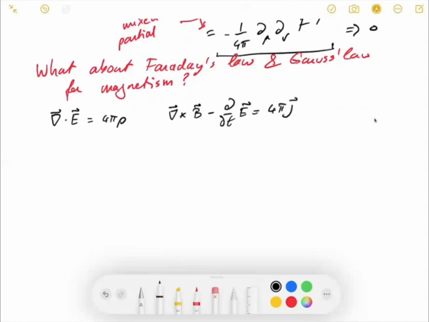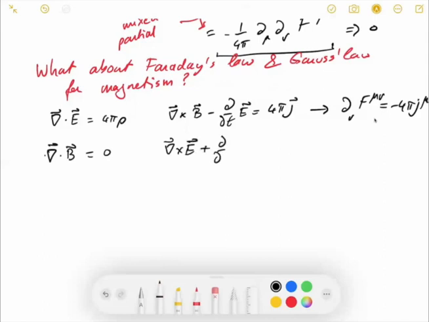And these two together gave us that del nu F^{nu mu} is minus 4 pi j^mu. Now the two that we want to add here are this one, and of course dB/dt = 0.